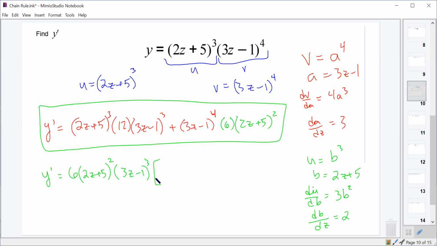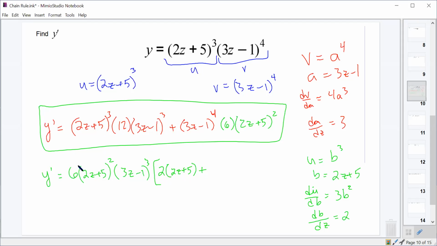And that leaves me with, well, from the first one, I took a 6 out of the 12. That's going to leave me with a 2, right? I took a (2z+5)^2 out of the (2z+5)^3. That ought to just leave me with 2z+5 to the first, or just 2z+5. And then I took a (3z-1)^3 out of a (3z-1)^3, so that part's good. So that's everything from the first piece. What about the second piece?